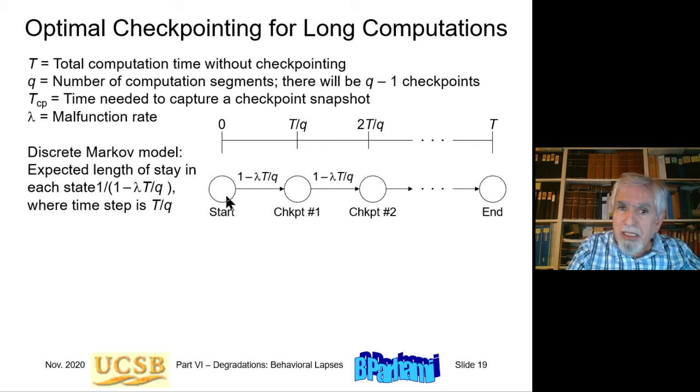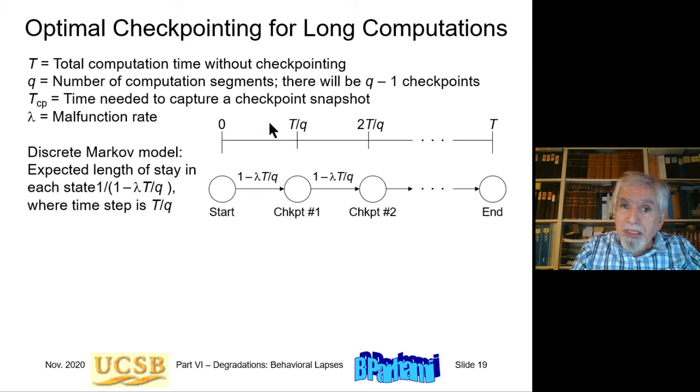So this is basically the state space model of the system. There's the start state where nothing of the task is done. Then this is a state where this much of the task is done. It's checkpointed, and therefore we never have to go back beyond this. This is the state of the system at this checkpoint. Now the probability that the system goes from here to here is not 1, meaning that malfunctions can occur.